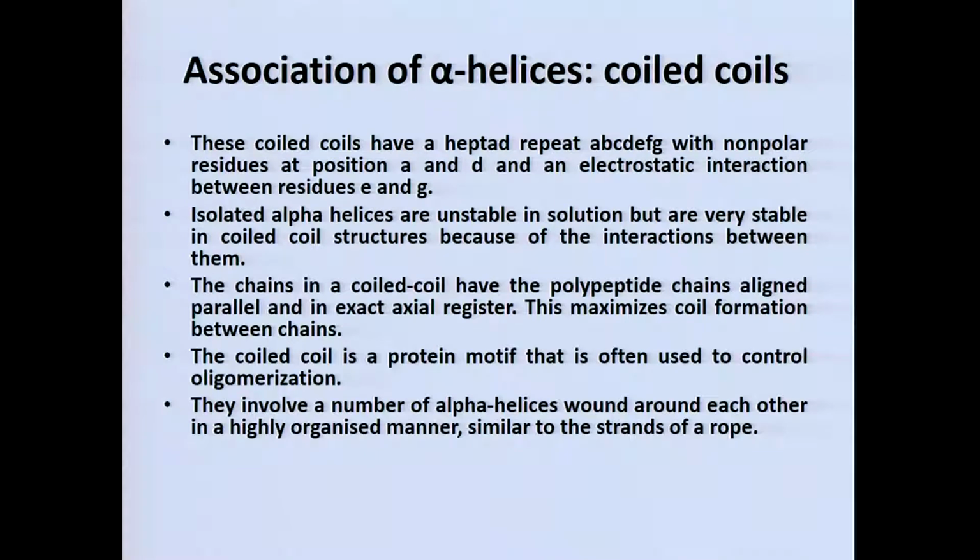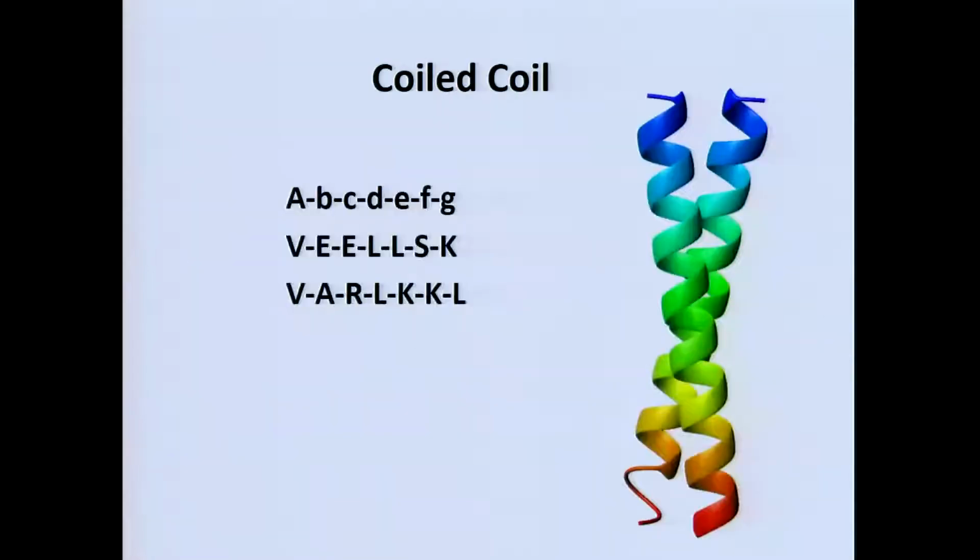So these amino acids are always fixed. For example, you can see here A, B, C, D, E, F, G, and we know that A and D are the non-polar amino acids, valine and leucine, and E and G are the polar amino acids or electrostatic interaction.